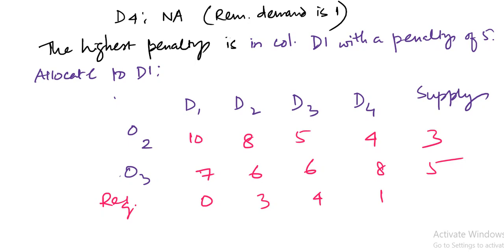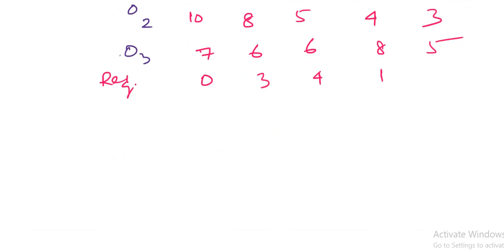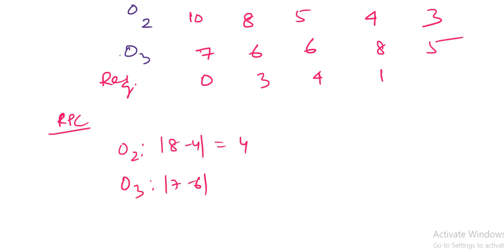So recalculate the penalty cost here. So what is the row penalties here? Row penalties cost is O2 8 minus 4 equals to 4, O3 7 minus 6 equals to 1. And what is the column penalty cost?